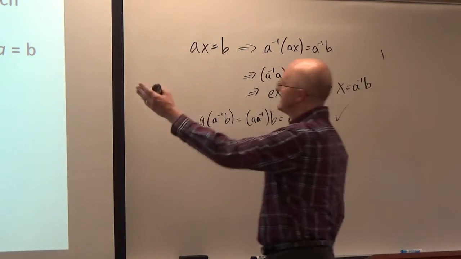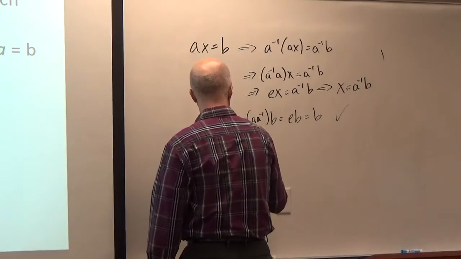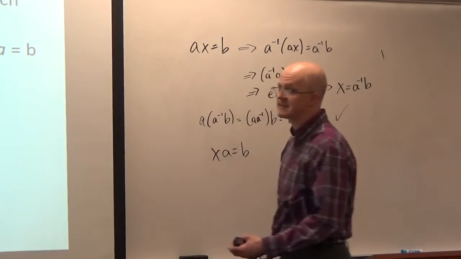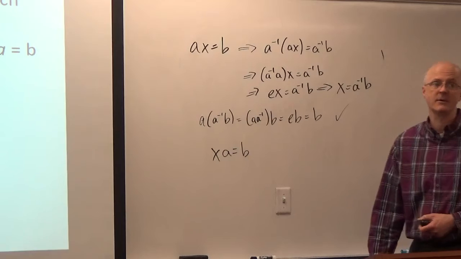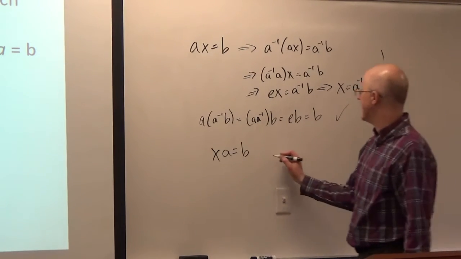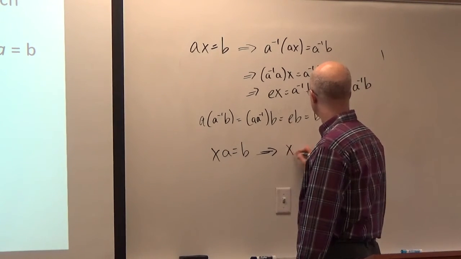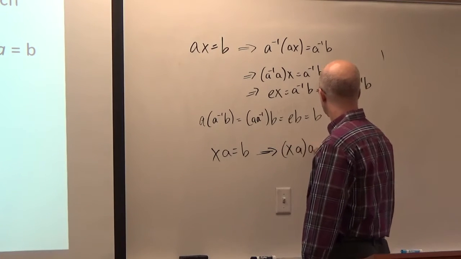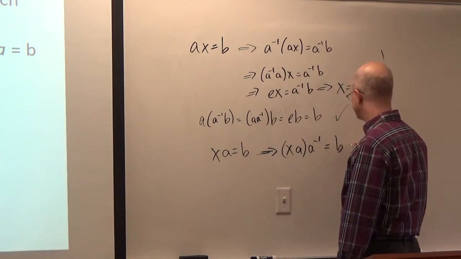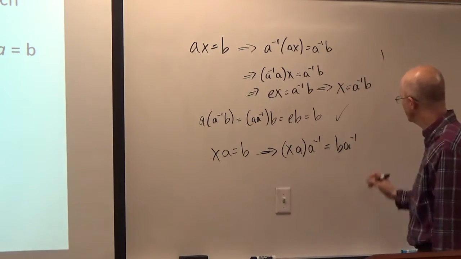And we can write the equation the other way around. XA equals B, and the solution will not necessarily be the same because we're not assuming commutativity. Now right multiply by A inverse, instead of left multiplying by A inverse.